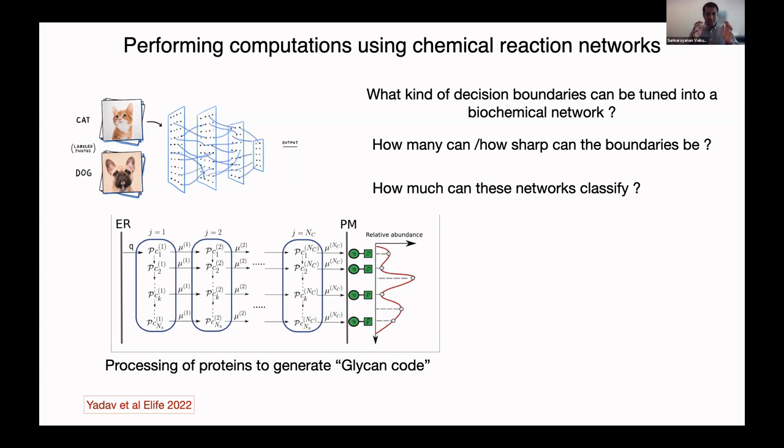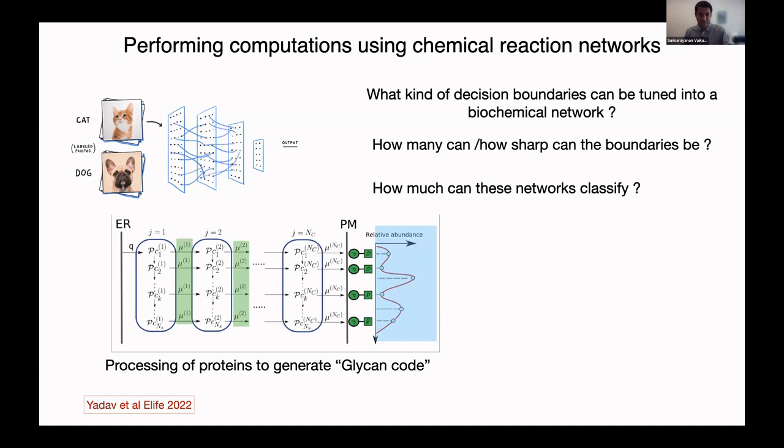This glycan coat is a sequence of sugars that get expressed. These get read out by enzymes that are highly promiscuous. But somehow, in all this promiscuity, in all these many degrees of freedom, there is evidence to suggest that glycan codes of this sort actually encode classes.